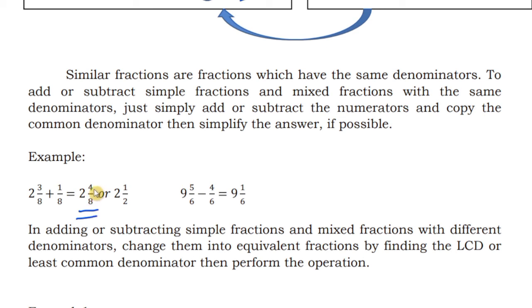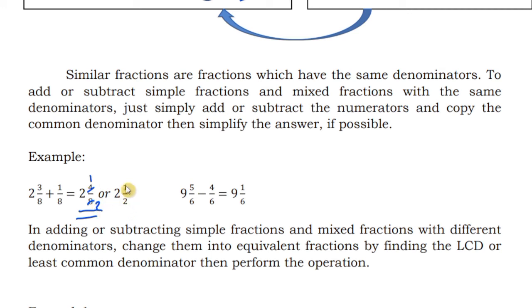Take note that 4/8 is divisible by 4, so we are going to reduce that to lowest term. Dividing both numerator and denominator by 4, 4 divided by 4 is 1, 8 divided by 4 is 2, so that is why it became 2 and 1/2.